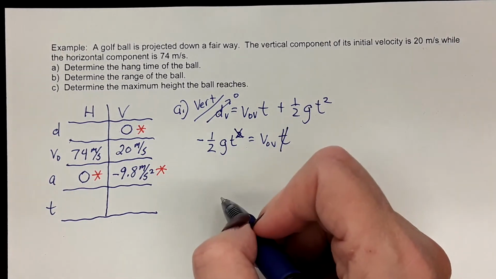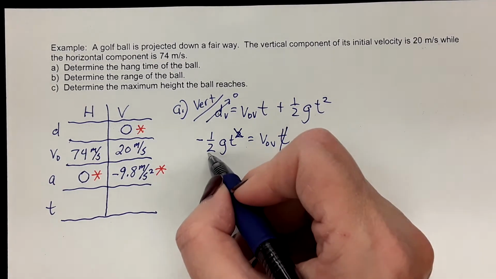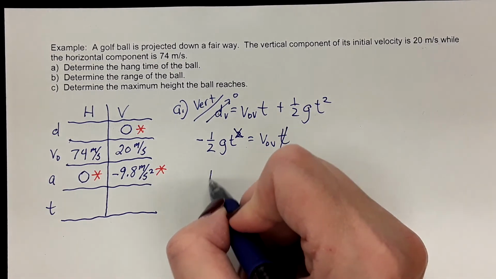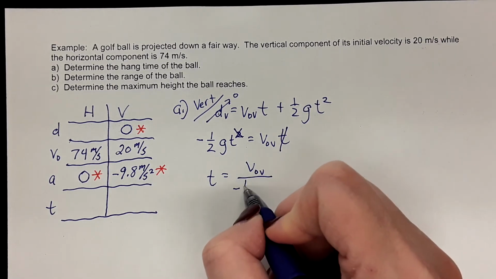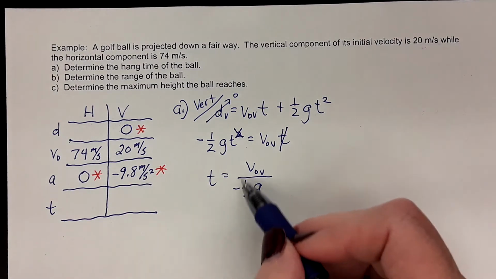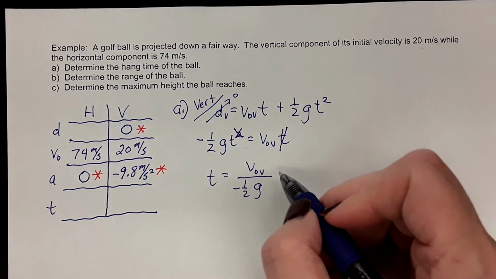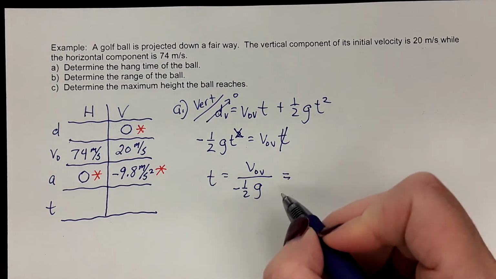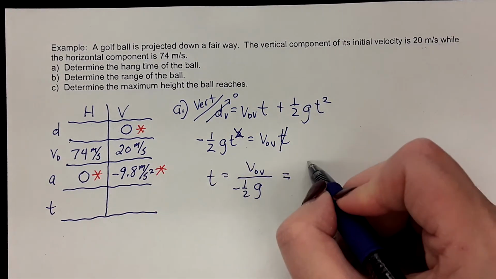And we need to get rid of the 1/2 g and the negative to the other side. So let's say t equals v sub o v over negative 1/2 g. Now if you want to multiply by 2 to get rid of the 1/2, that's perfectly acceptable as well. All right, so v sub o v is 20.